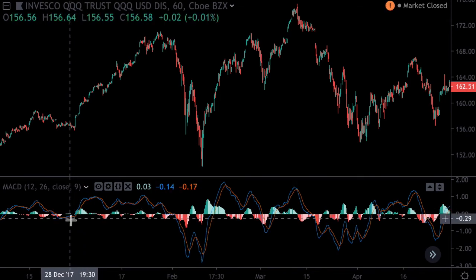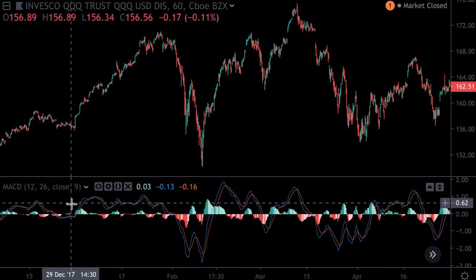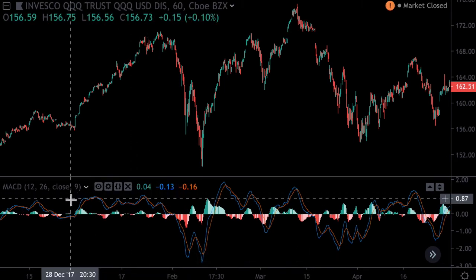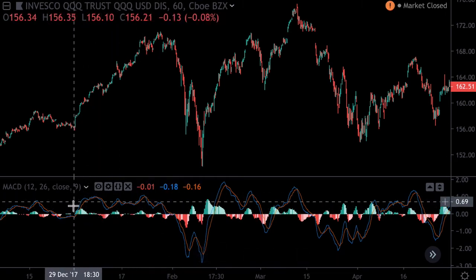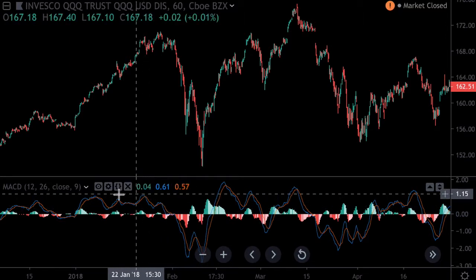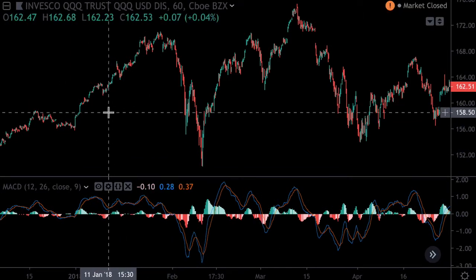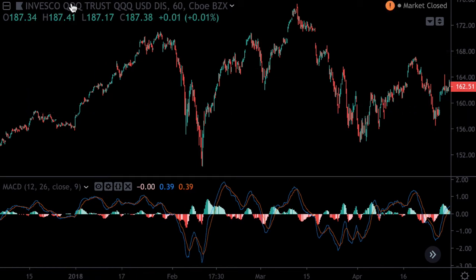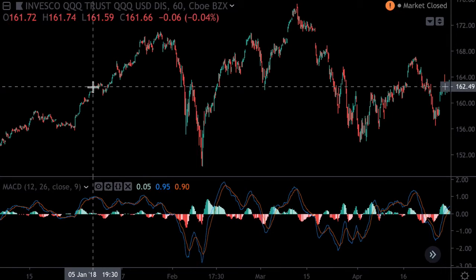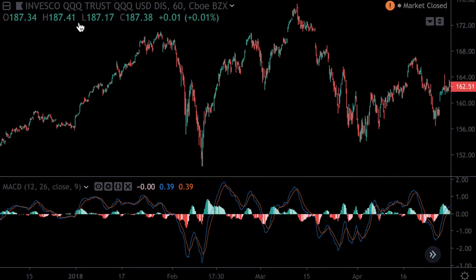It's very important to keep how bullish or bearish the trend is in mind in your trading. One thing to say, by the way, this is an hourly chart of QQQ. It's basically the NASDAQ 100, a little bit different, but it's an ETF.